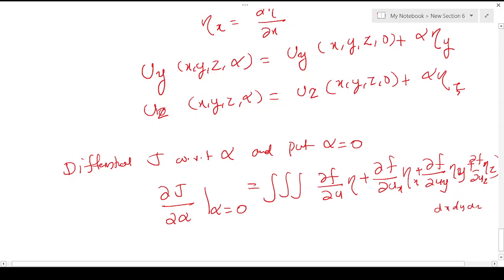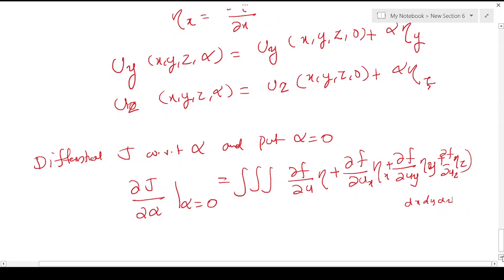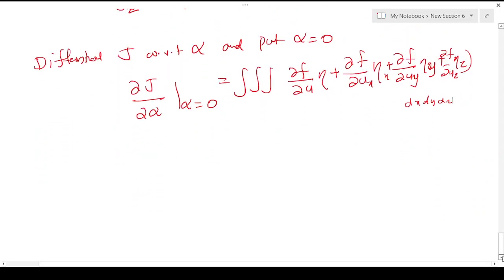Again, if you integrate each term in the equation by parts, the term dou f by dou u eta vanishes at the endpoint, since the deviation eta is required to go to 0 at the endpoint as well.